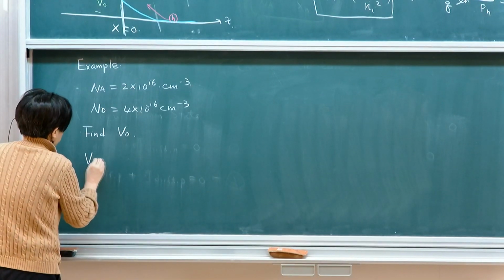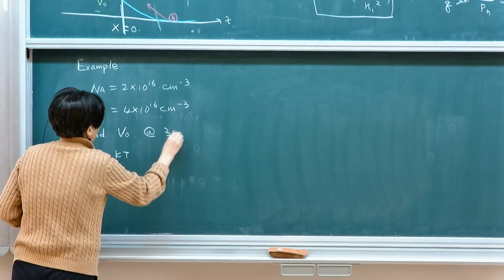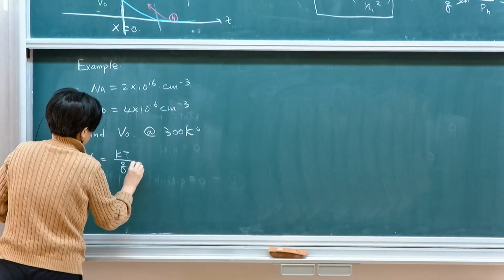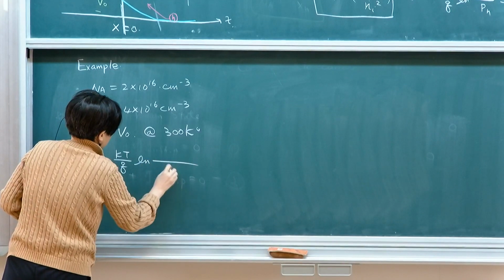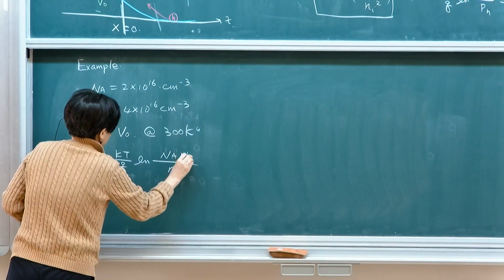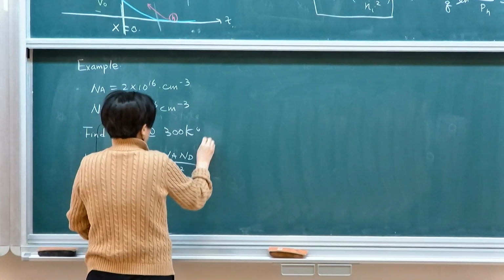What you do is just put in the numbers, typically given at room temperature: kT over q ln of NA ND over ni squared. I'm simply going to plug in the numbers.